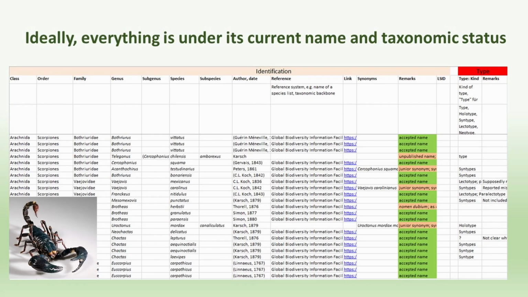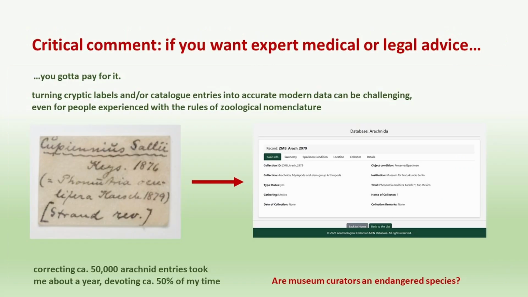That's great. But if I'm going to make a critical comment, if you want expert medical or legal advice, you go to a highly trained doctor or lawyer. If you want expert zoological advice, you really need to go to a zoologist. And I don't want to sound arrogant here, but this process of turning sometimes poorly written label data into high quality taxonomic data is really, really challenging, even for someone who's quite experienced with this animal group or with the rules of zoological nomenclature.